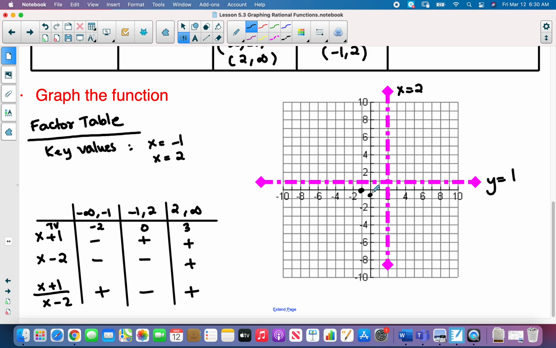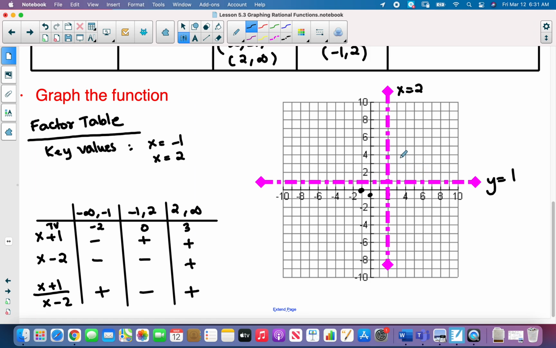And we know that our function is going to be positive from negative infinity to negative 1 and 2 to infinity.